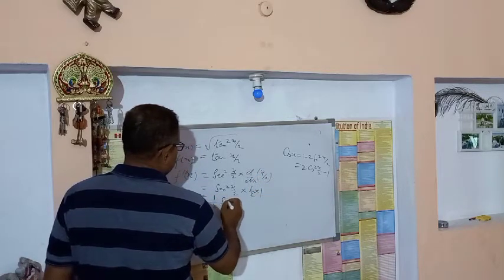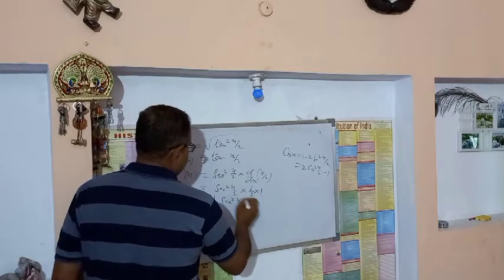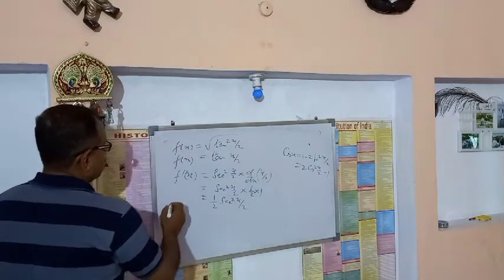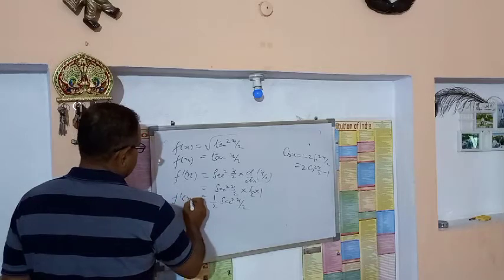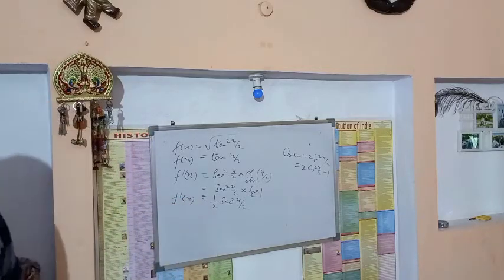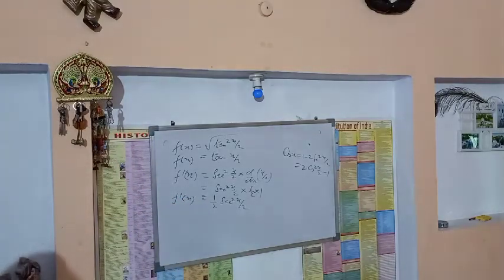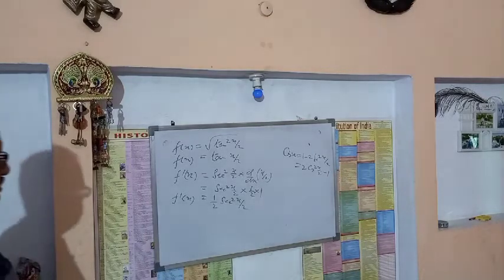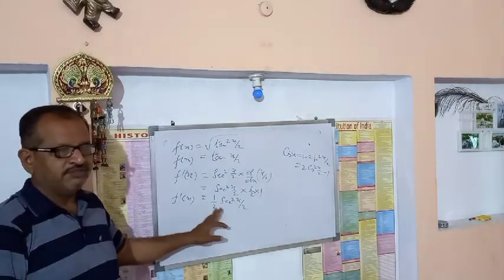So f dash x is 1 by 2 sec square x by 2. So the f dash x derivative is over.